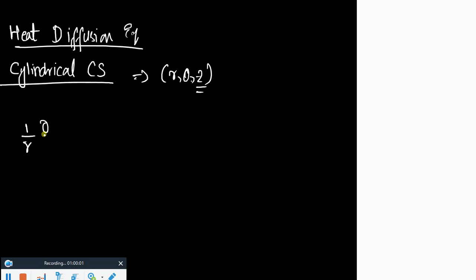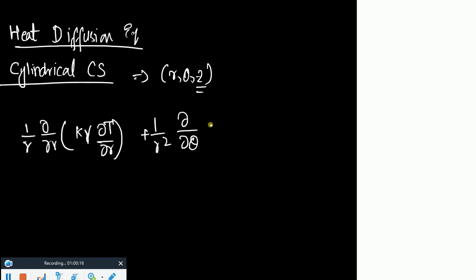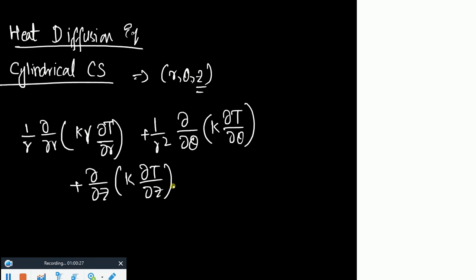So 1 over R, partial by partial R, k R partial T by partial R, plus 1 by R square partial by partial theta, k partial T by partial theta, plus partial by partial Z, k partial T by partial Z, plus q dot g equals rho Cp partial T by partial t. This is the cylindrical form.